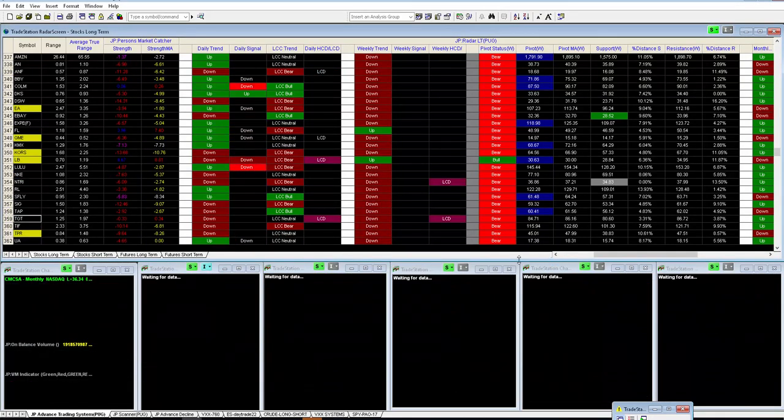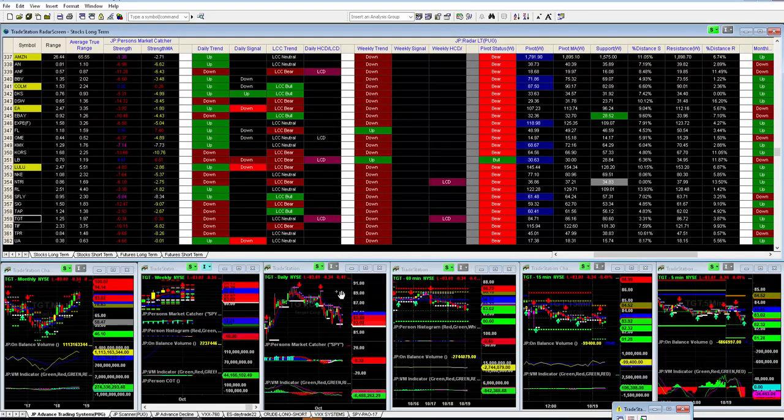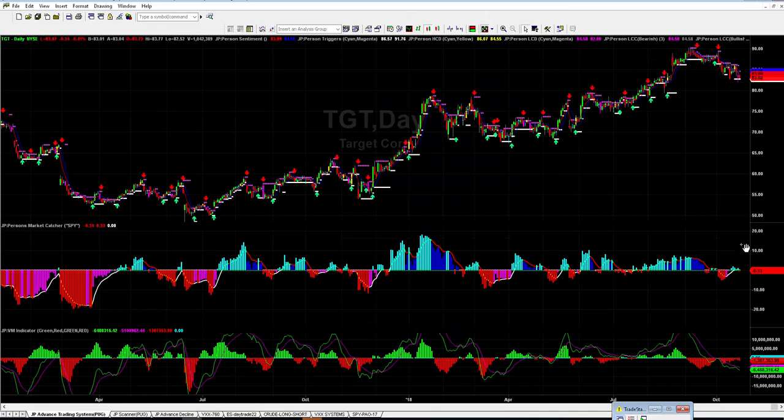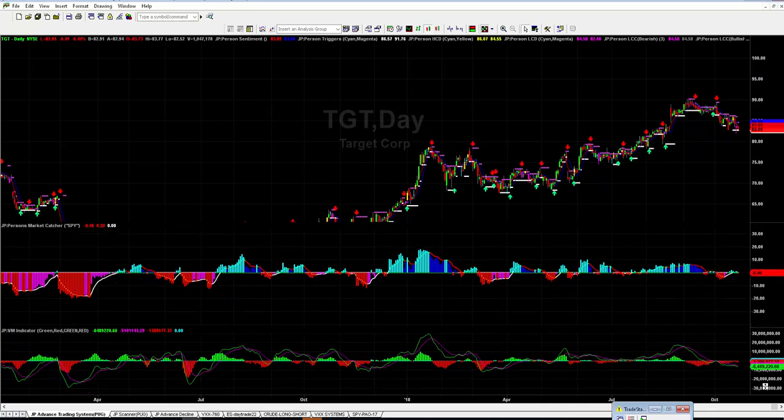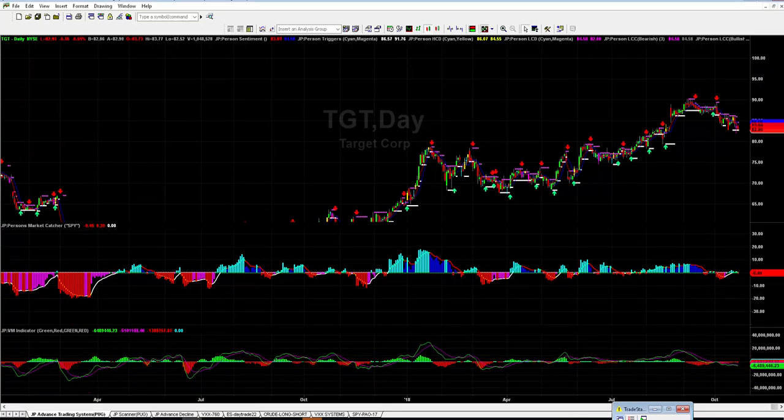So this is Target. It's in a weekly sell mode over here. And let's look at the relative strength. It's turning red. It's now negative. I've done many videos on how to use these tools in the market. As Target rallied to new highs, the relative strength versus the market had weakened.